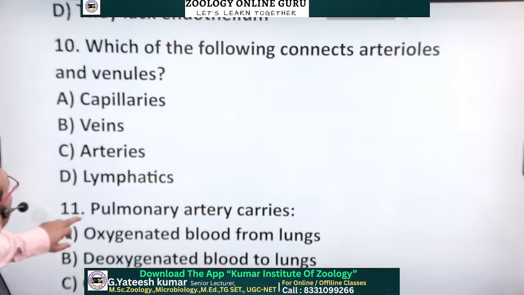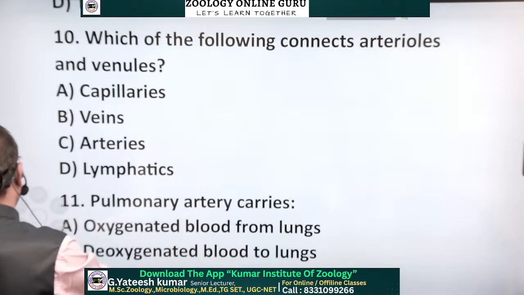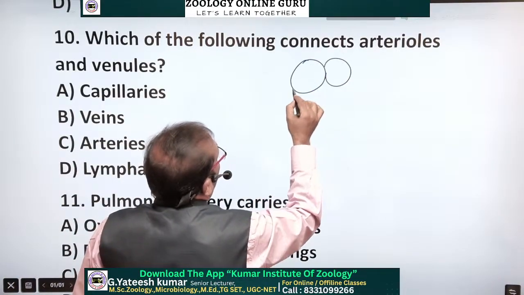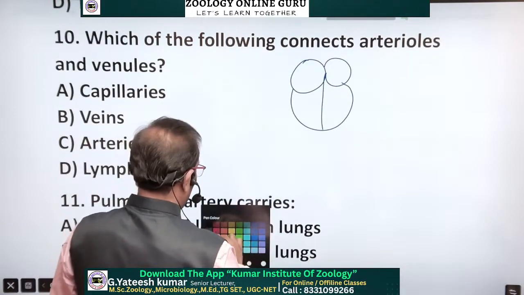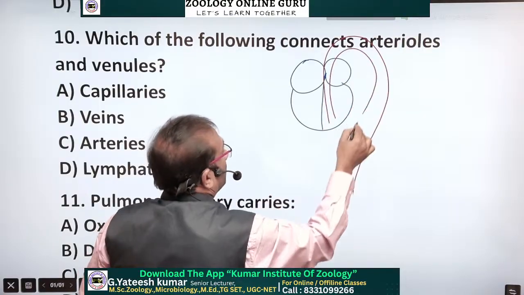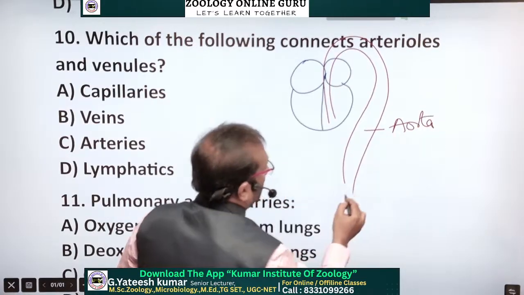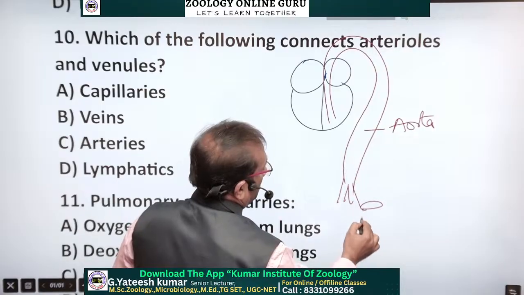Next, question number 10. Which of the following connects arterioles and venules? What is the arteriole? From the left ventricle, a blood vessel comes down. This is known as the aorta. This aorta divides and produces arteries.